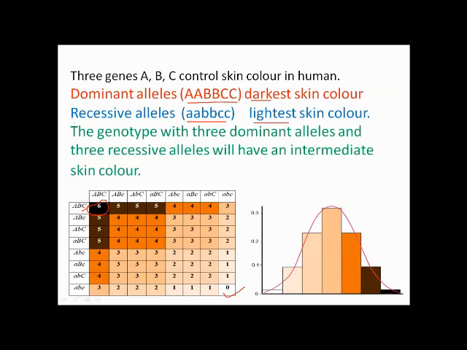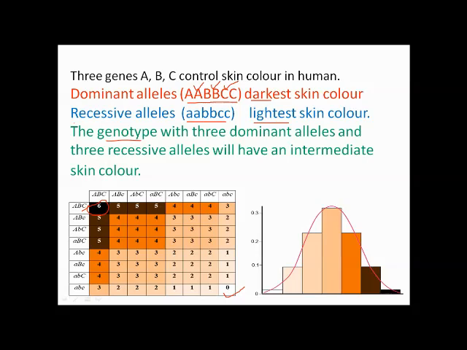Now the genotype: there are three genes, and a combination of all these three different characters. So a single phenotype, what is that phenotype? That is skin color, and the variation is due to the different genotypes with different numbers of dominant alleles.